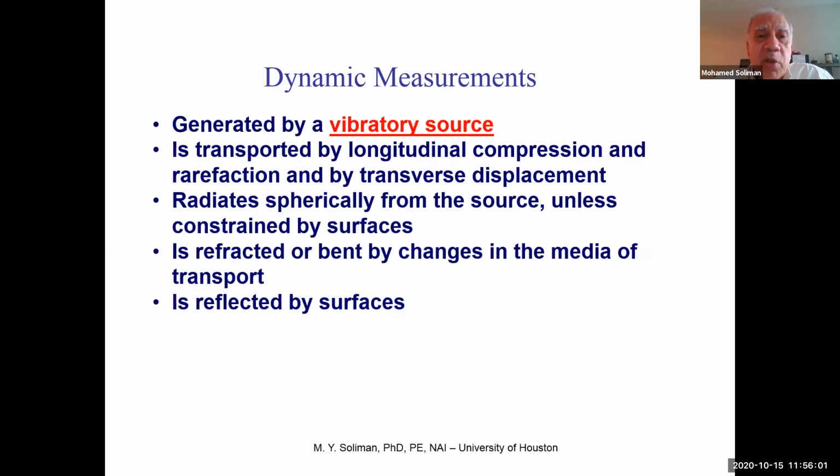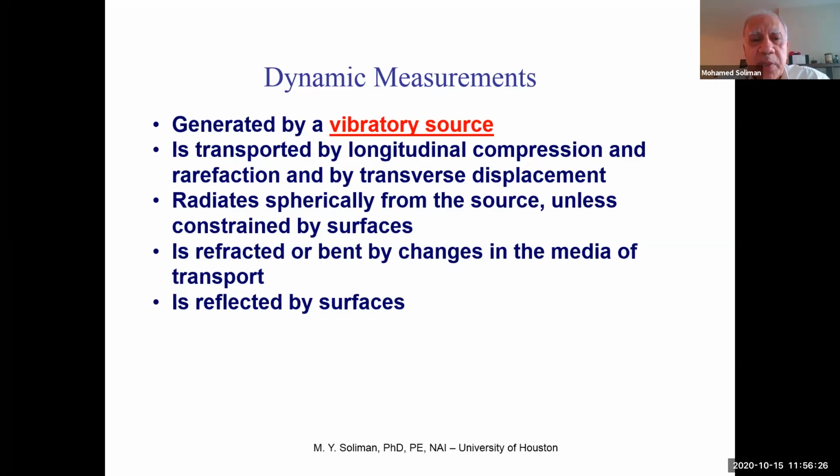But let me first talk about the parameters we looked at so far: Young's modulus, Poisson's ratio, and shear modulus. We call these static measurements. Dynamic measurements are where you are vibrating the grains. What you do is apply a sonic wave.